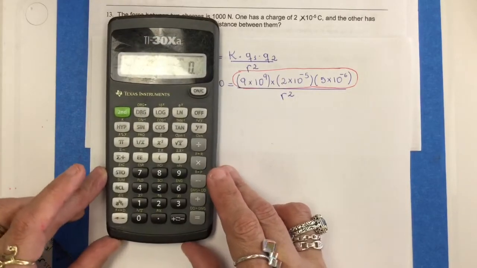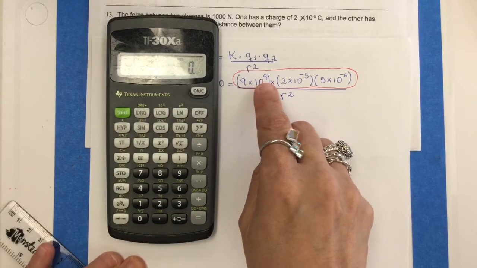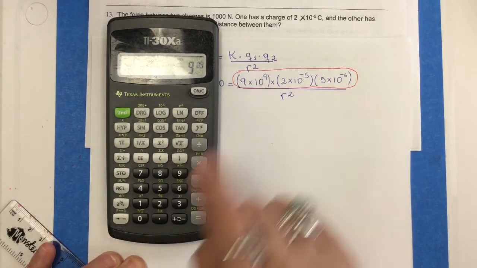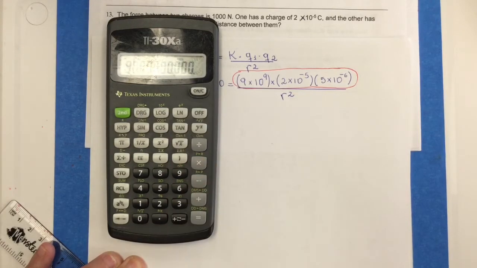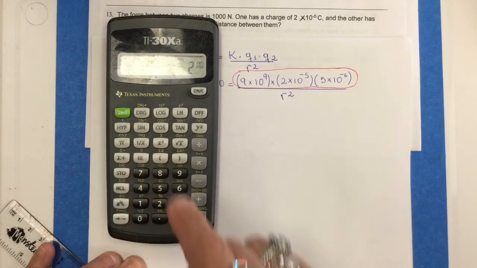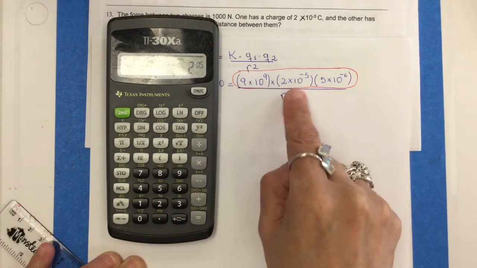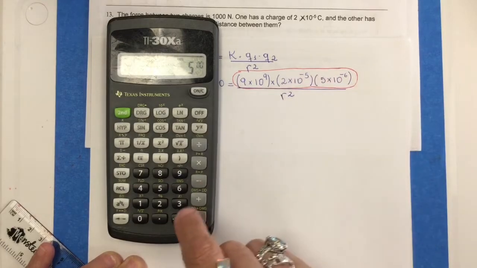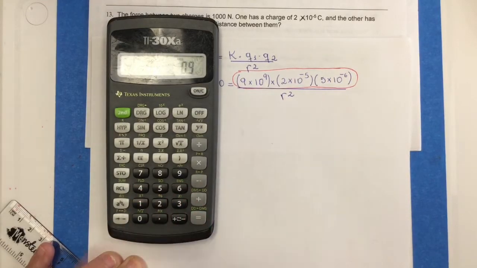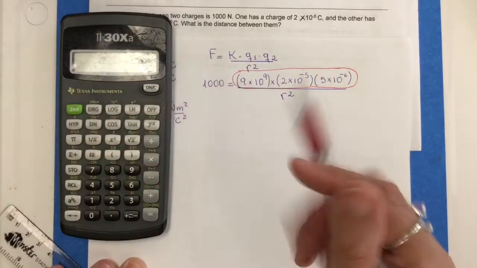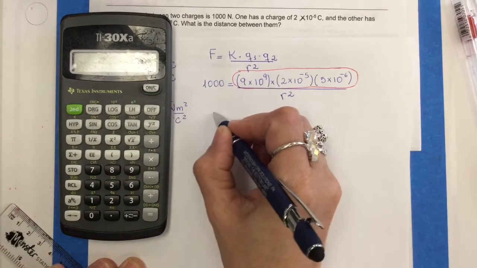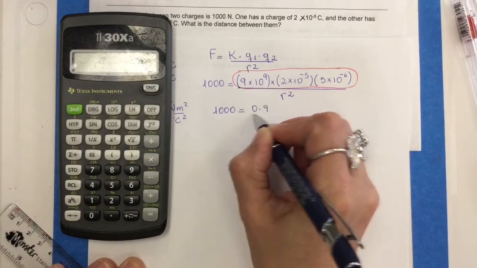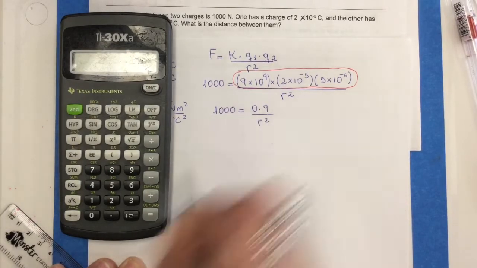It's very simple: 9 EE 9, now you multiply times 2 EE negative 5 times 5 EE negative 6. So we have, as a result, 1000 equals 0.9 over R squared.